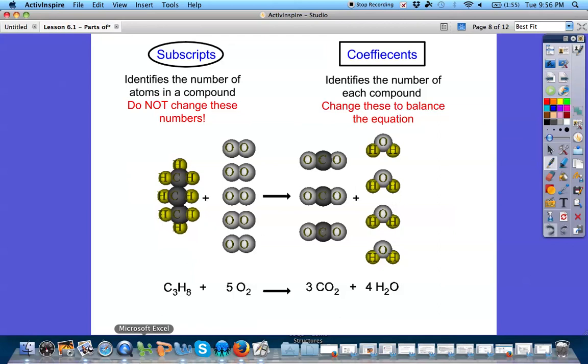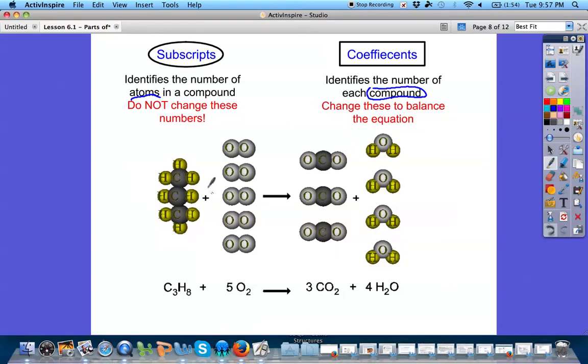So subscripts are the small numbers in your chemical formulas. This identifies the number of atoms in a compound. The coefficients identify the number of each compound. So subscripts are the small numbers, coefficients are the big numbers in front of your formulas.